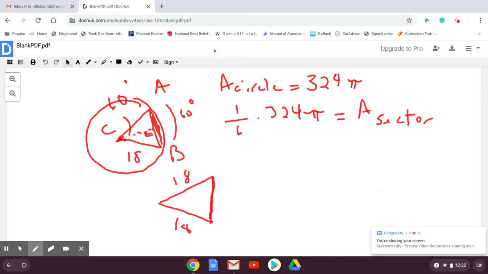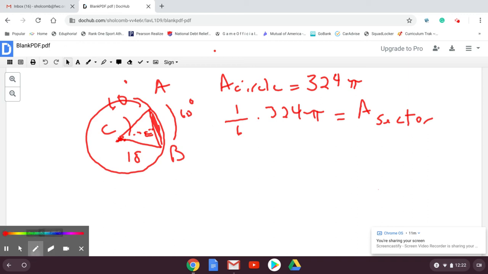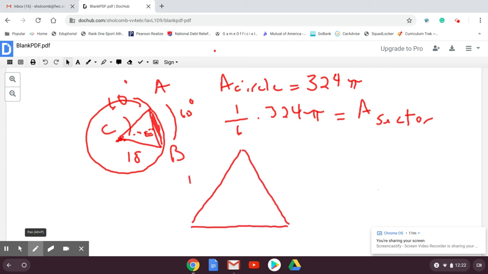Let's go ahead and finish doing the triangle correctly. Let's do the whole triangle. It'll take a little bit more time, but I want to be able to see it fully, and this is what I would suggest doing too. So here's my triangle. I know this is 18. I know this is 18.